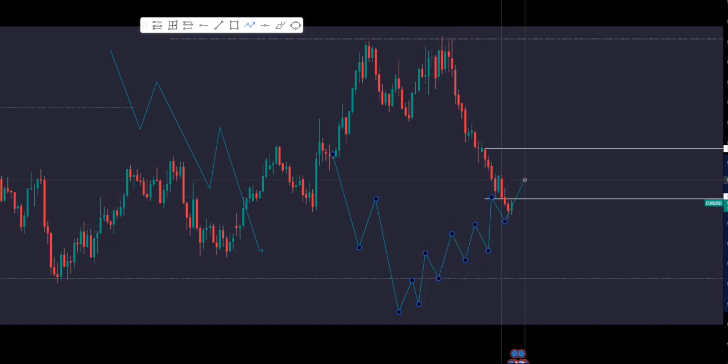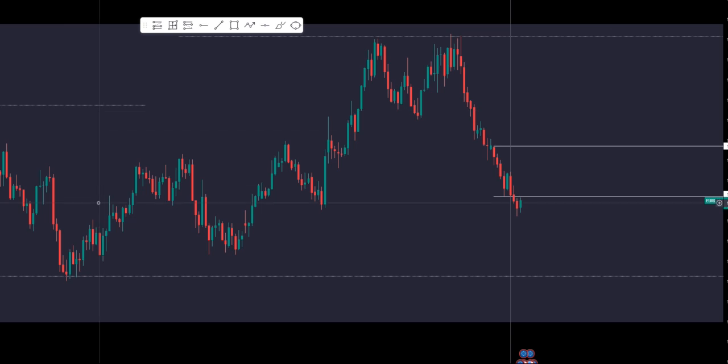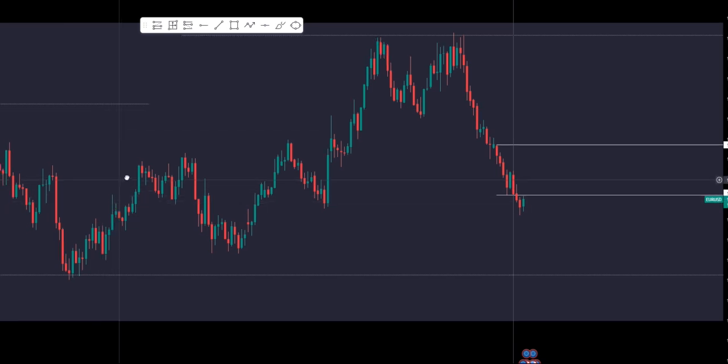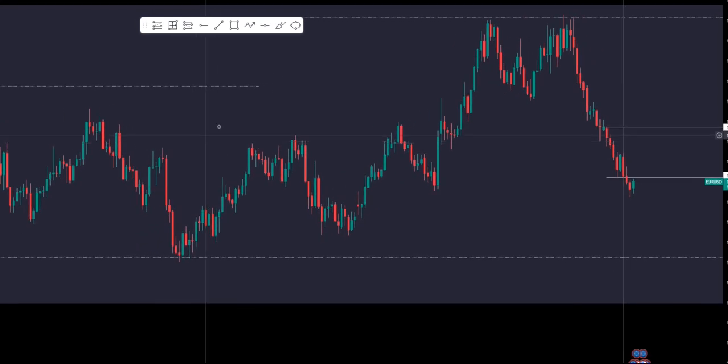This is a retest. And since we are in daily, we're gonna take advantage of the market in the lower time frames because we're not gonna trade the daily. Me personally, I don't trade the daily. So yes, this is it.